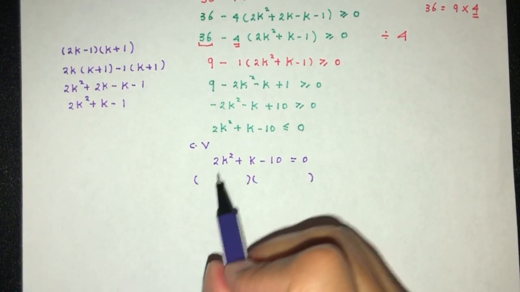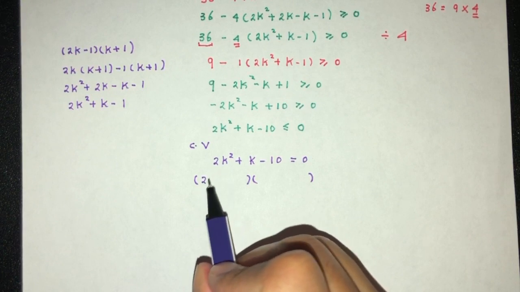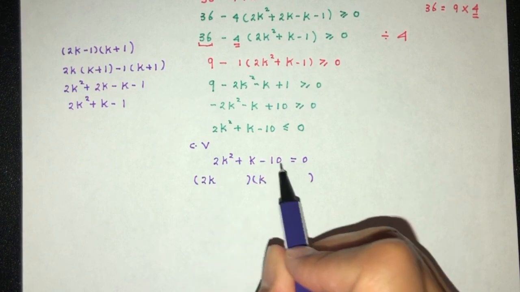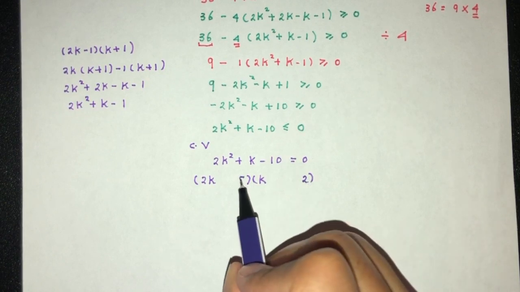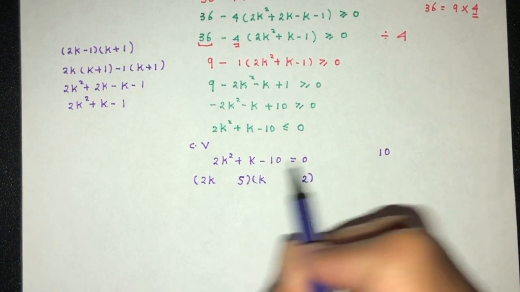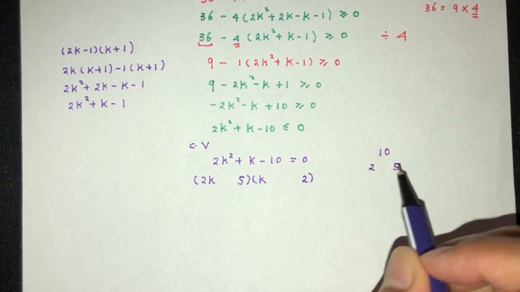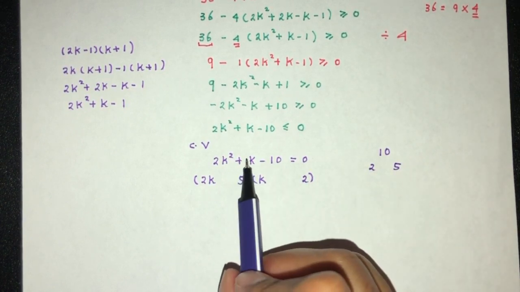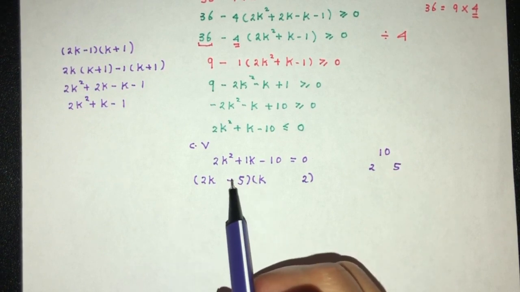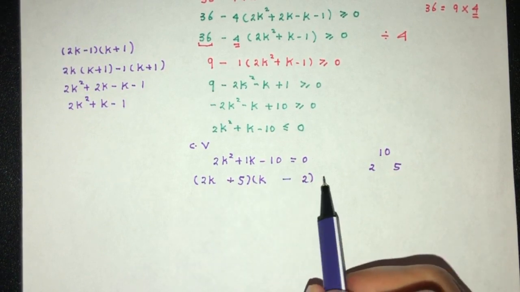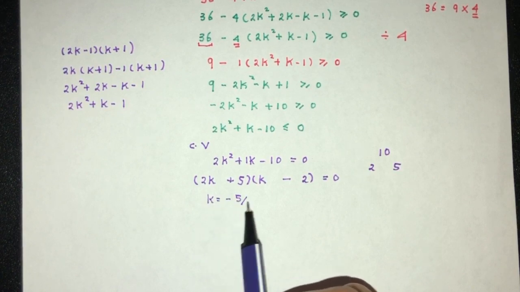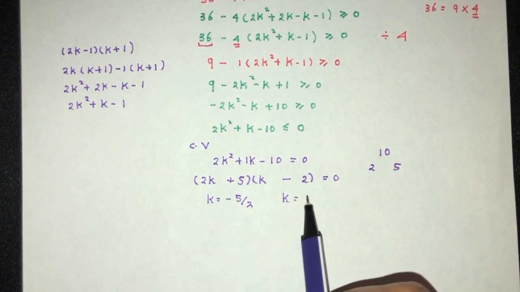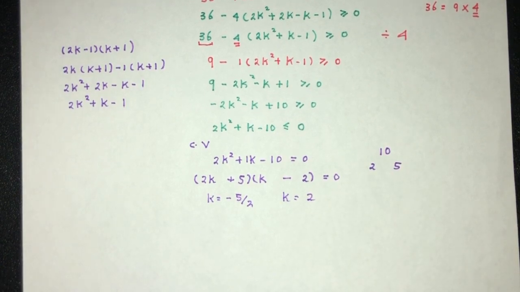That will be 2k times k, and this will be 2 times 5, because 2 times 5 is 10. The goal here is to get plus 1k. So here we have plus 5, and then minus 4. So k will be minus 5 over 2, and k will be the value of 2. These are the critical values of k.